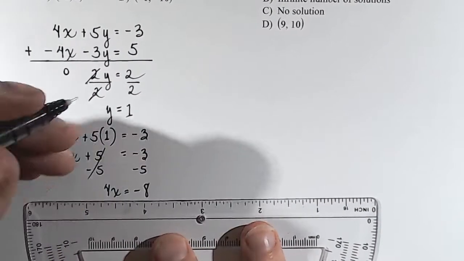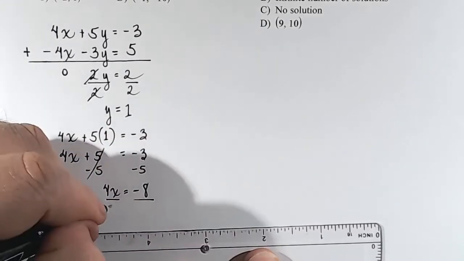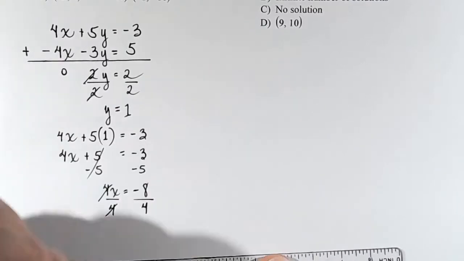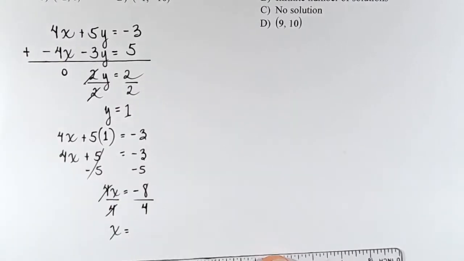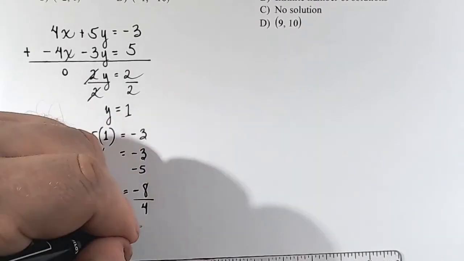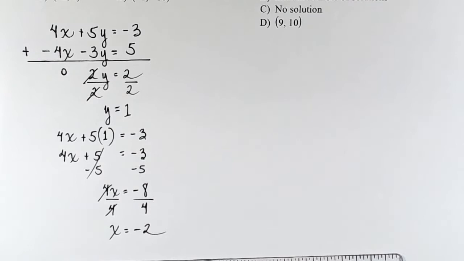And now we divide both sides by 4. x equals negative 8 divided by 4. Negative 8 divided by 4 is negative 2. So x equals negative 2.